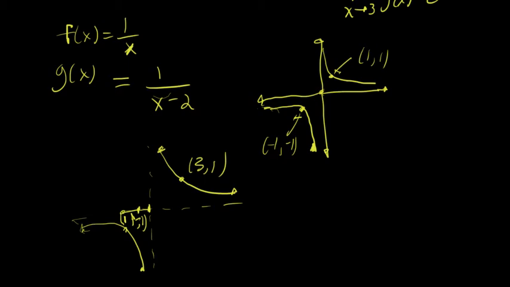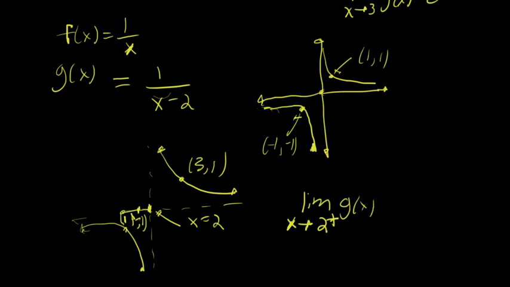But let's look at the limit. This is x equals 2 here. Let's look at the limit as x tends to 2 from the right of g of x, and g of x is 1 over x minus 2.